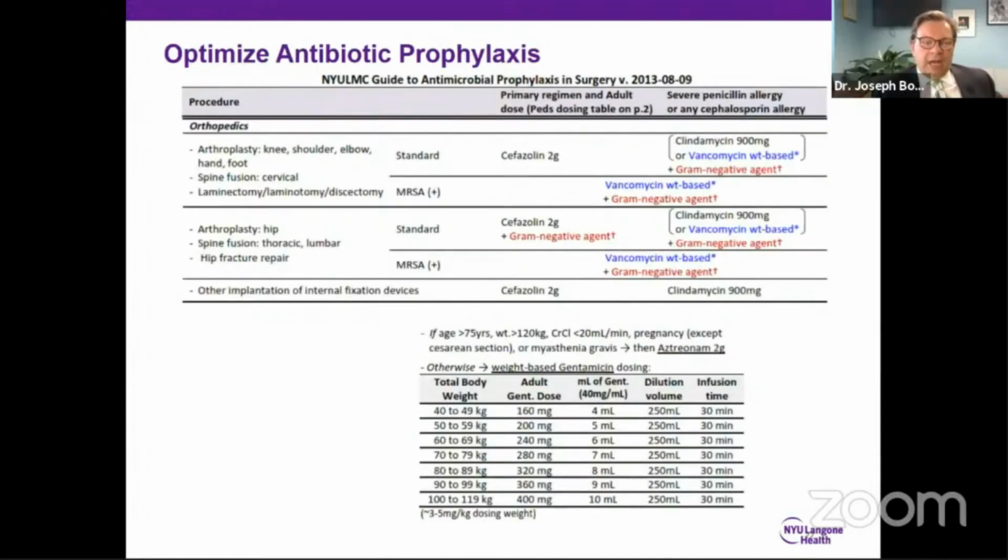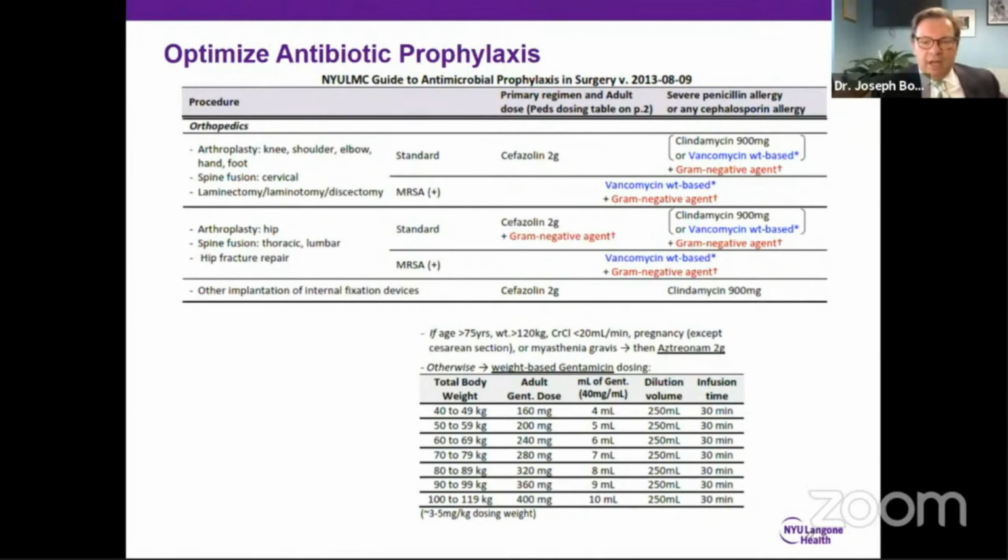So again, to optimize antibiotic prophylaxis, this is our algorithm that we use at NYU. For knees and shoulders and elbows, we use a standard Kefzol, or second generation cephalosporin, and we'll add weight-based vancomycin if they're colonized with MRSA.